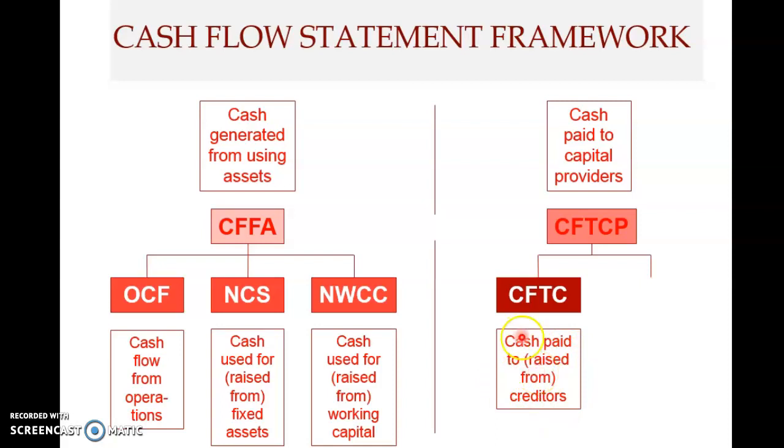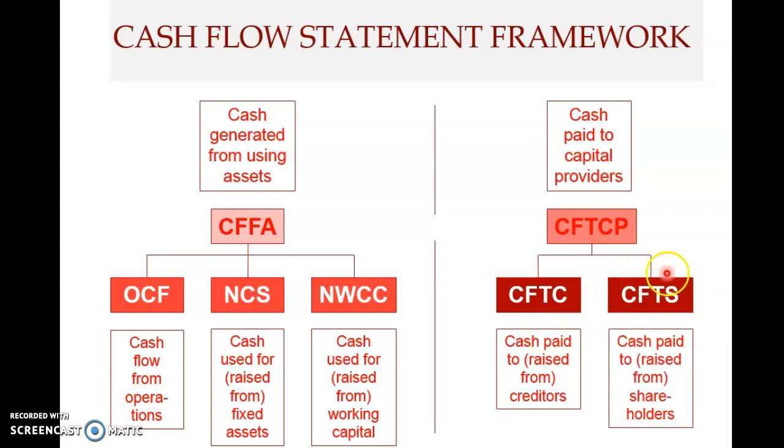So if the company issues debt securities to the creditors, then this will be a cash inflow, not a cash outflow. So it will be cash flow from creditors if it is negative. But if it is positive, then cash is paid to the creditors.